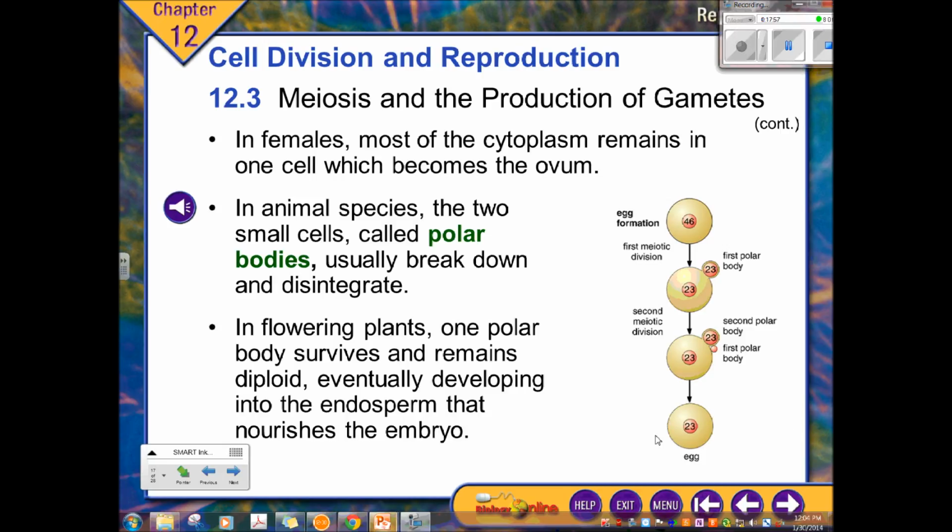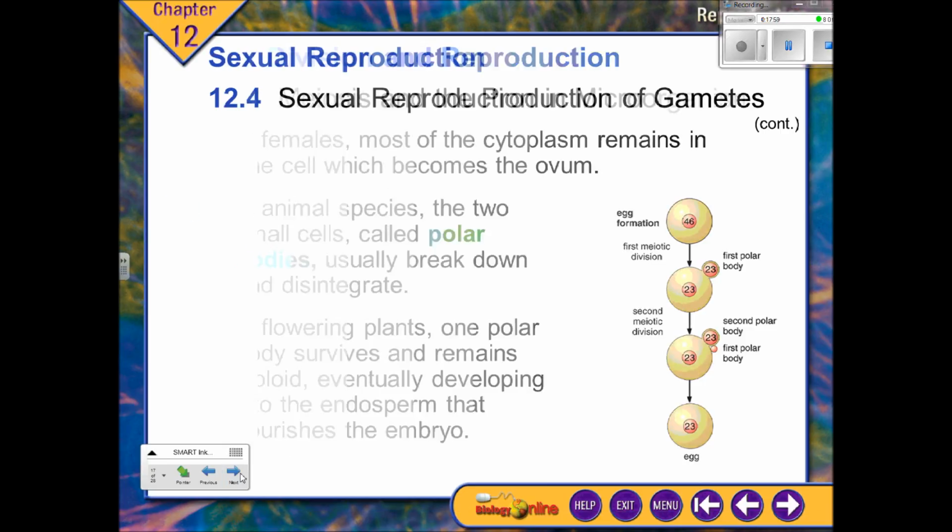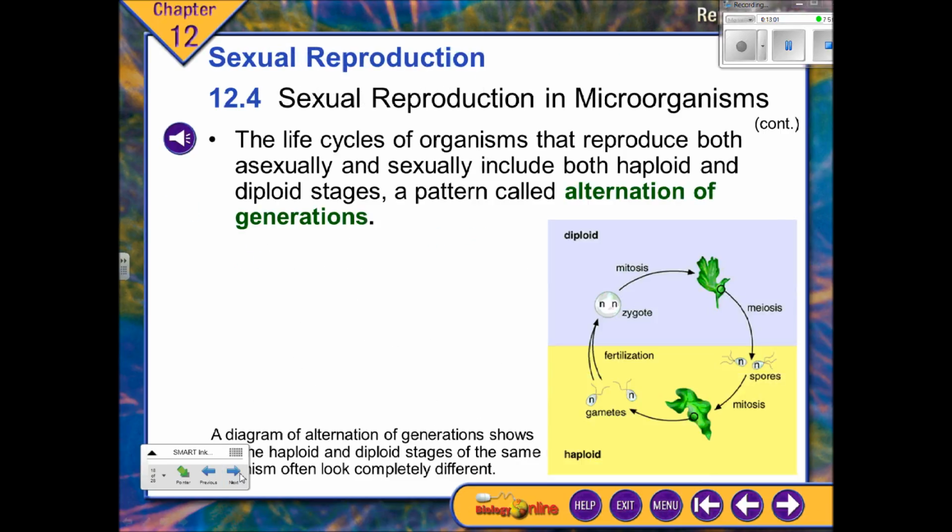Okay, so moving on. This is a new slide. It is a vocab word, so I wanted to mention it here. I've mentioned it already, right? Here's an example with moss, alternation of generations. They can live as haploid. Here are spores, and they grow into a real moss plant. They can make gametes through mitosis, because they're only haploid, right?